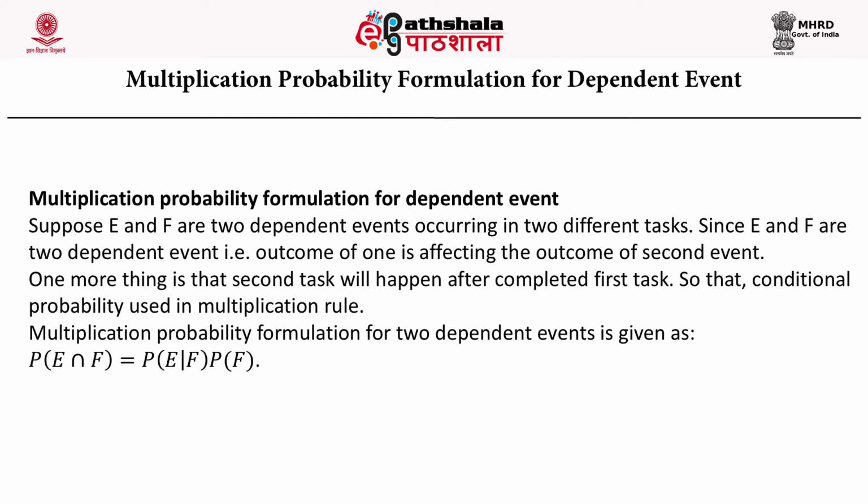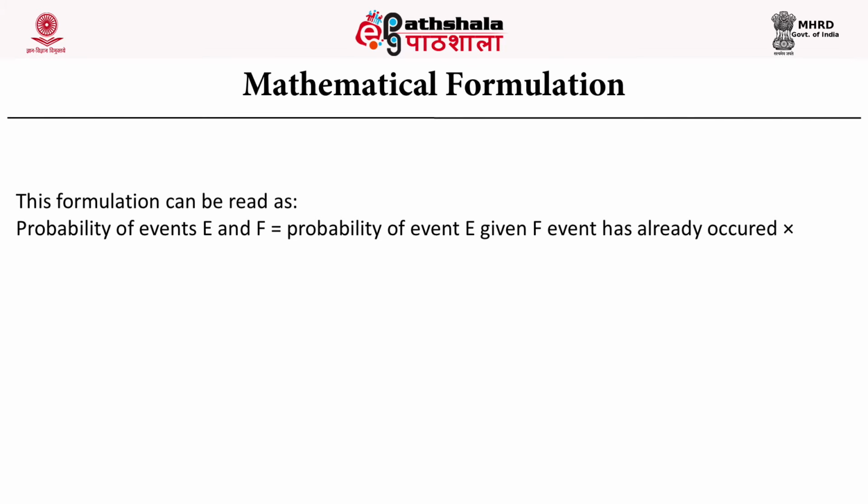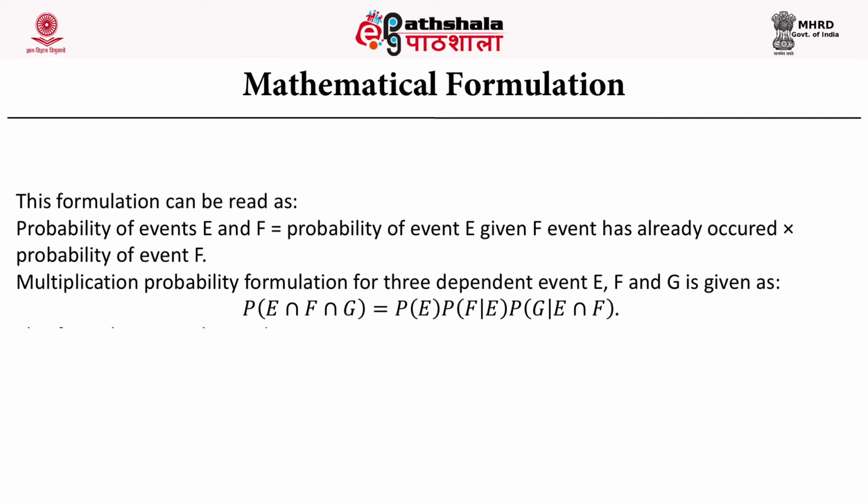The formulation for two dependent events is probability of E intersection F is equal to probability of E given F times probability of F. This can be read as probability of events E and F is equal to probability of E given that F has already occurred, times probability of F.